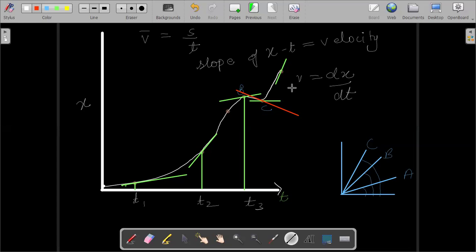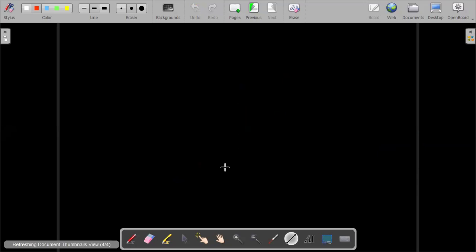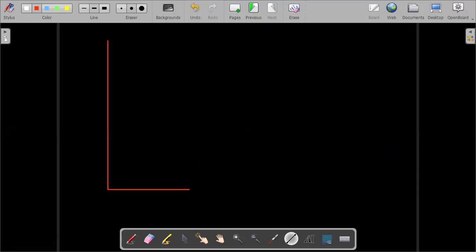Got it? So what will we obtain from the velocity time graph? Total distance by time, sir. Okay. So again, suppose the same graph I obtained. Let us say now I have again a graph, but this graph is now the velocity time graph. And again, the graph is something like this.